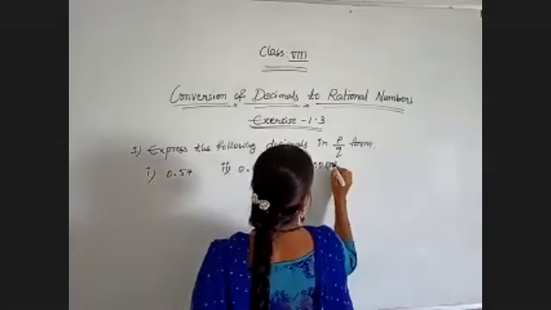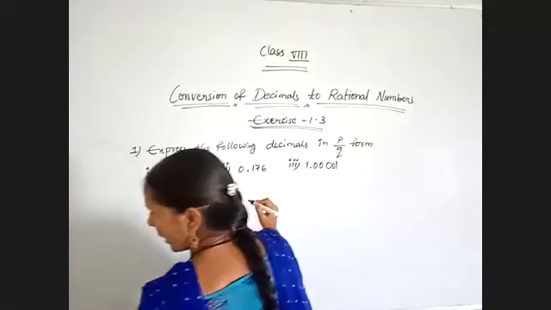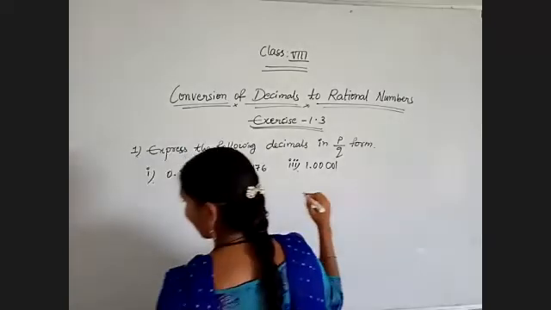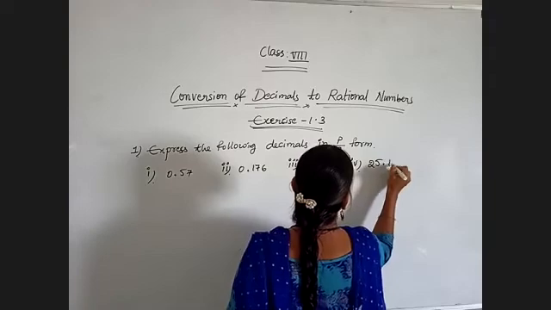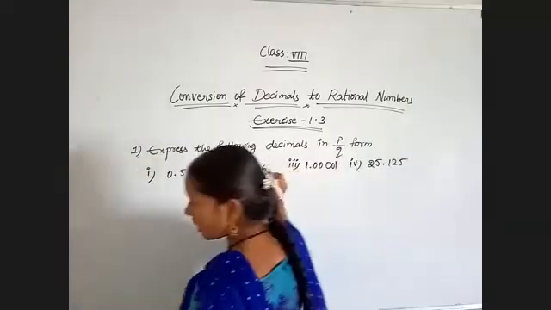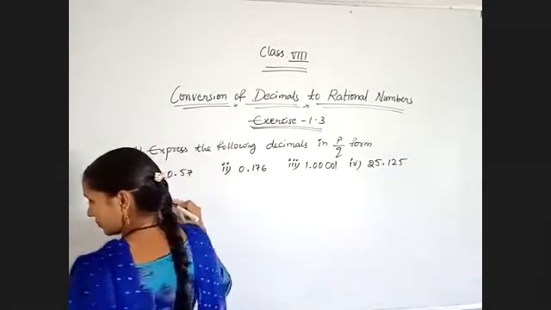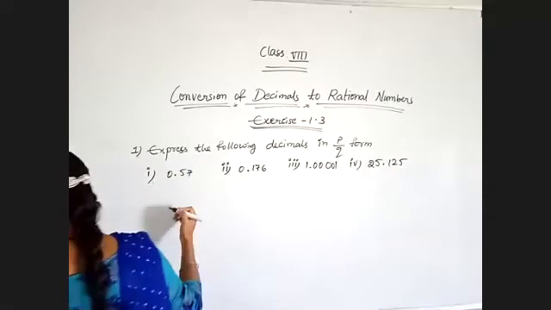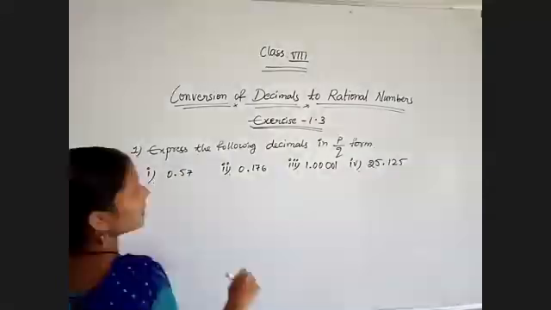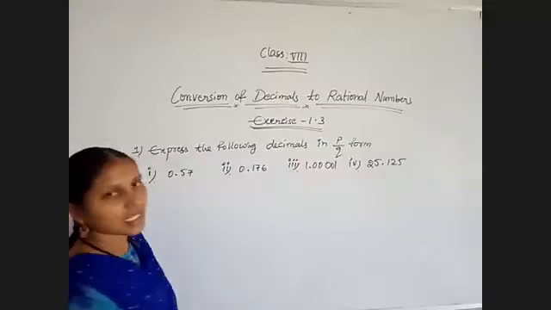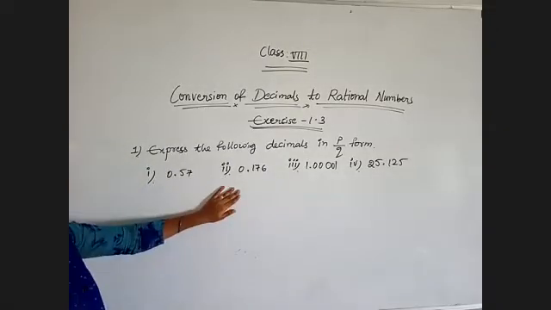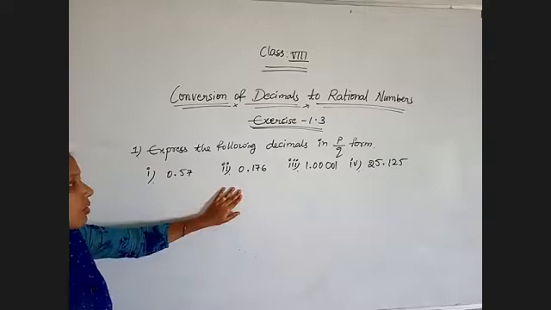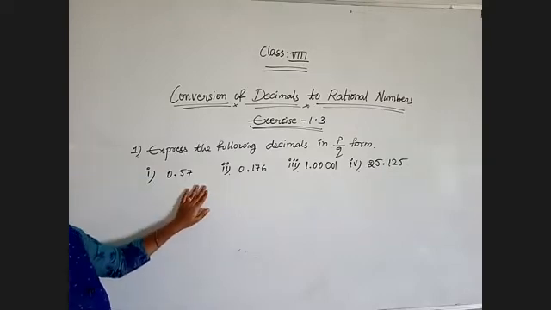1.0001 and next 25.125. Whenever you are converting into a rational number, first we must be able to tell which type of decimal it is.